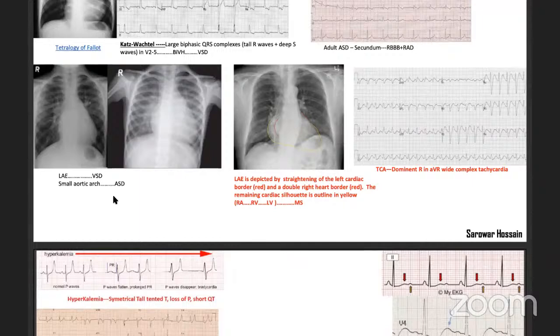You compare with this one, no? What do you say? Tetralogy picture, because there is also a VSD there. Almost similar, just that the right ventricular hypertrophy is far too much, so that it actually goes up.